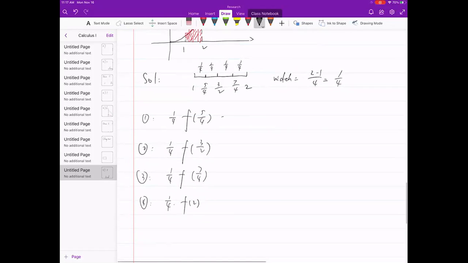If that is okay, you know f. F is x squared.